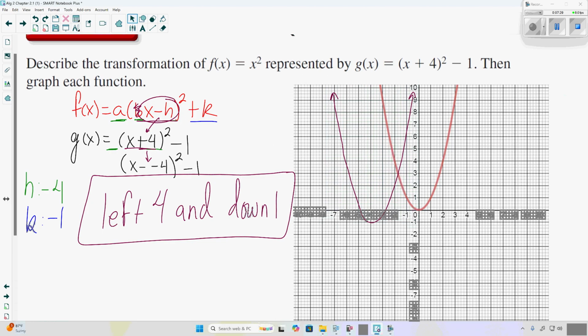So this here would be our new function. We could take the point 0, 0, and move it left 4, down 1. All those points are going to move left 4 and then down 1.